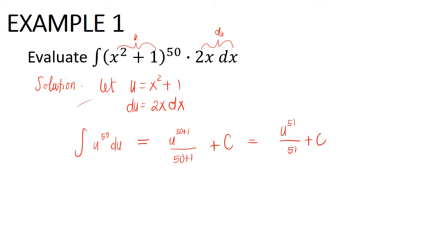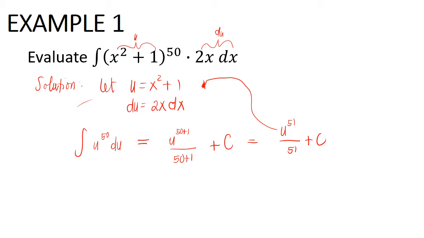However, hindi pa tayo tapos. Kasi ito ay naka-variable na u. Sinubstitute natin yung variable na x into u. Kaya nag-transform tayo. Dapat, kailangan natin siyang ibalik. Since yung original question or problem natin is in variable of x. So, paano natin siya ibabalik? Substitute lang natin yung original values.